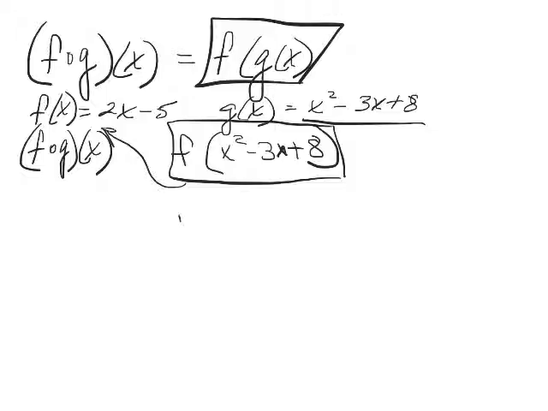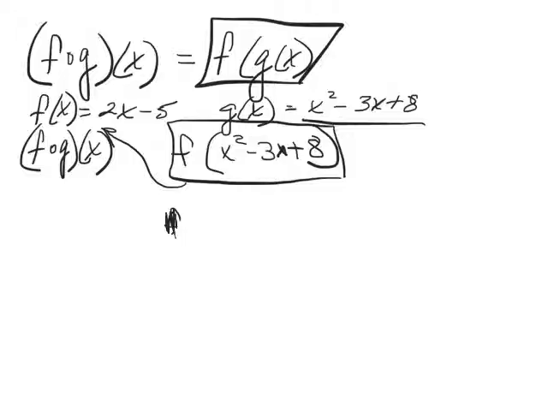So now we're going to take our f of x, and instead of putting in an x there like we have here, whenever we see an x, we're going to put this in its place. So we're going to write this as, let me erase this f here, or scribble it out.